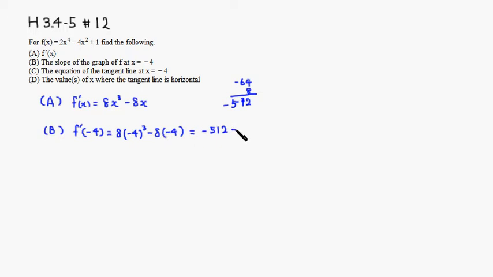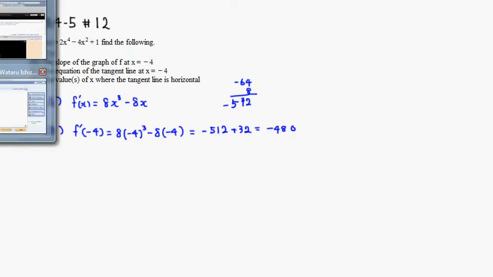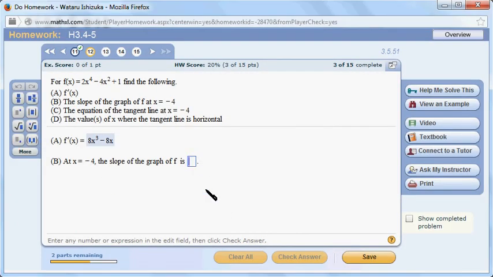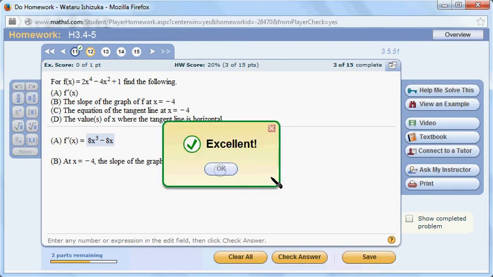Then you are adding 32, so it's going to be negative 480, right? So let's type it in. All right, check the answer. All right, we got that.